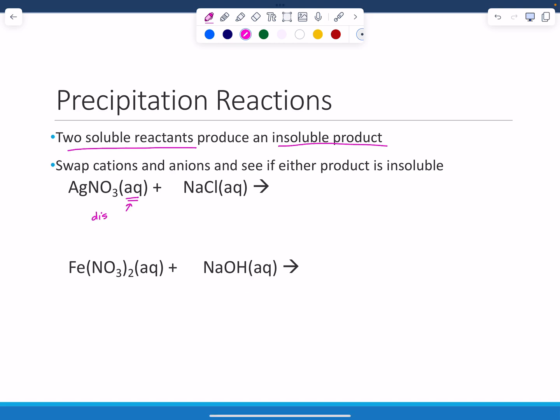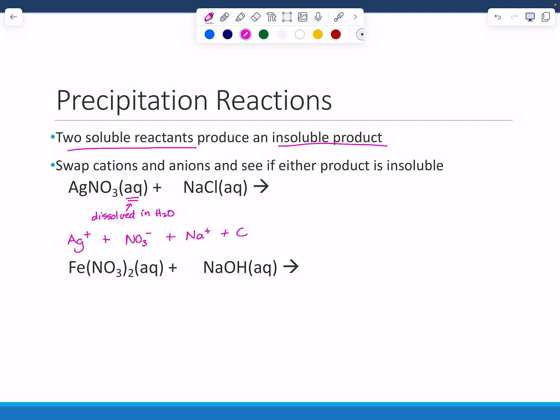So if you see that after a chemical in your equation, then you know that thing is going to break up into the two ions that make it. So we could write all of our ions. We've got our silver and our nitrate, and we've got sodium and chloride.